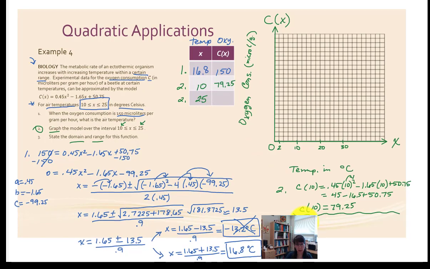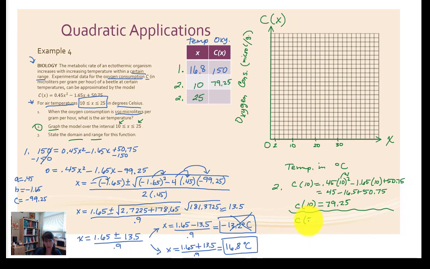And now we'll evaluate the function with a temperature of 25 degrees Celsius. We'll have 0.45 multiplied by the quantity of 25 squared minus 1.65 times 25 plus 50.75. Again, make sure that you are squaring that quantity of 25 before you multiply by 0.45.